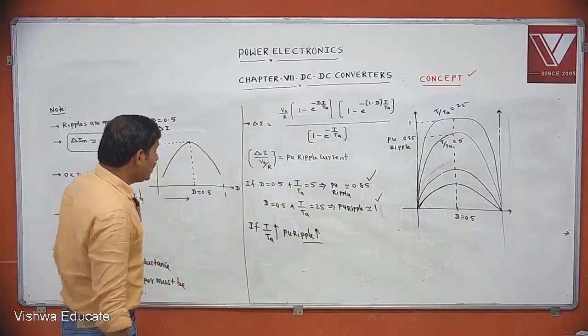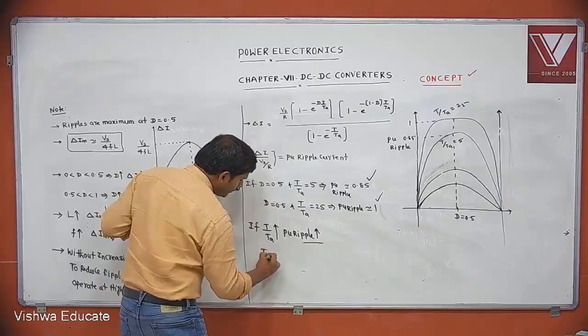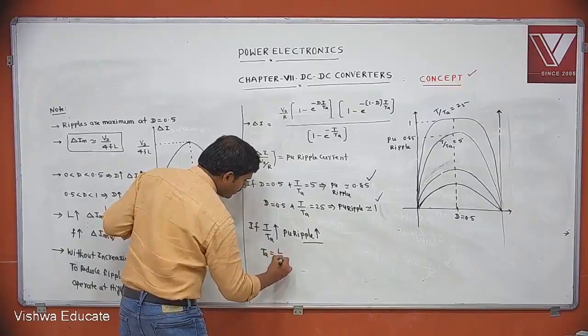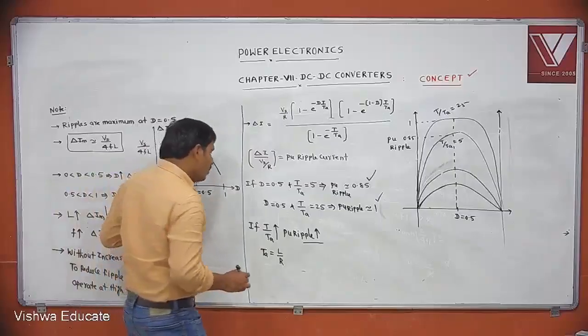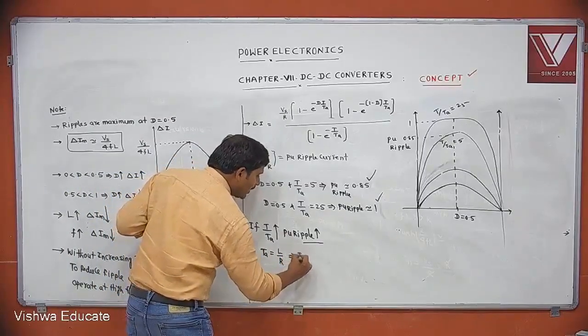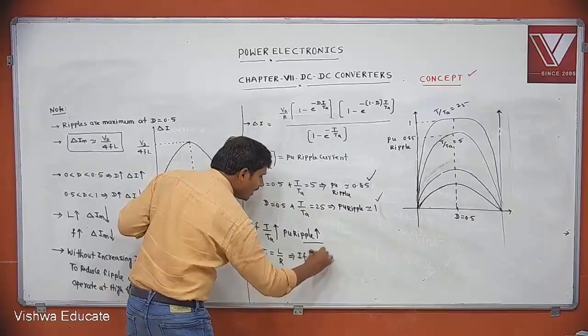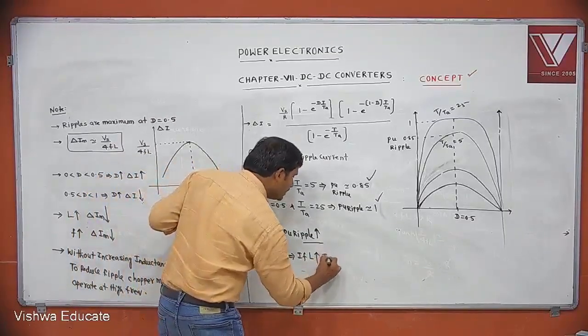Then what is Ta? Ta is nothing but L by R. But point to remember, if L increases, Ta increases.